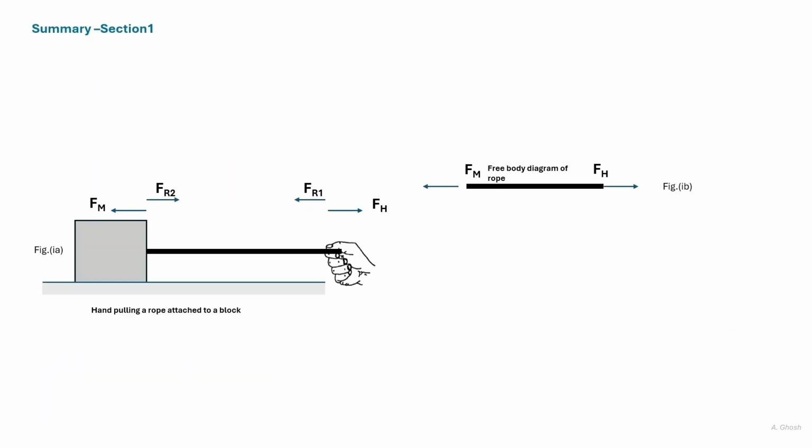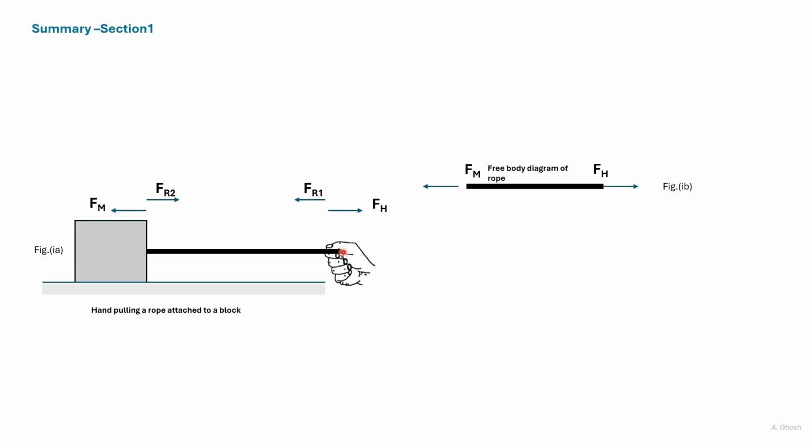Here we'll summarize section 1 mainly in terms of action-reaction forces. We discussed this case at the start. This is a block attached to a rope and pulled by a hand. The block does not move. We discussed two action-reaction sets.